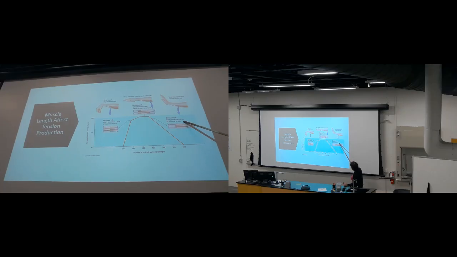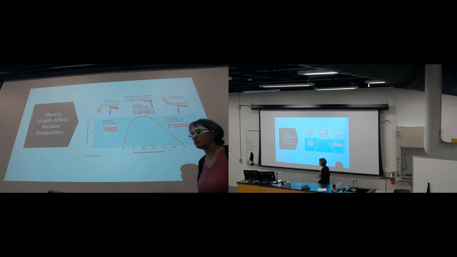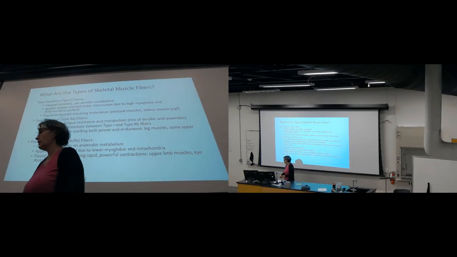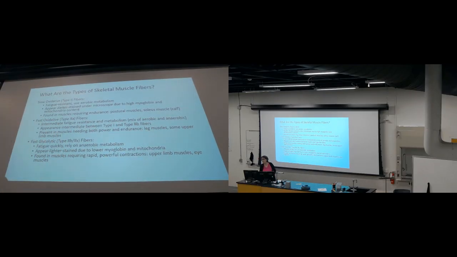And you have a little bit more tension than in this case, but it's not as much as this. And this is like an isotonic condition when you have your maximum tension. Any questions?